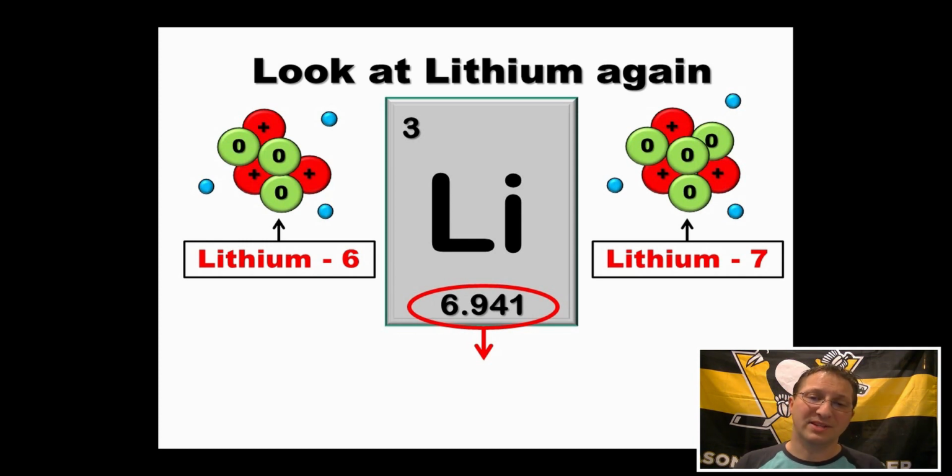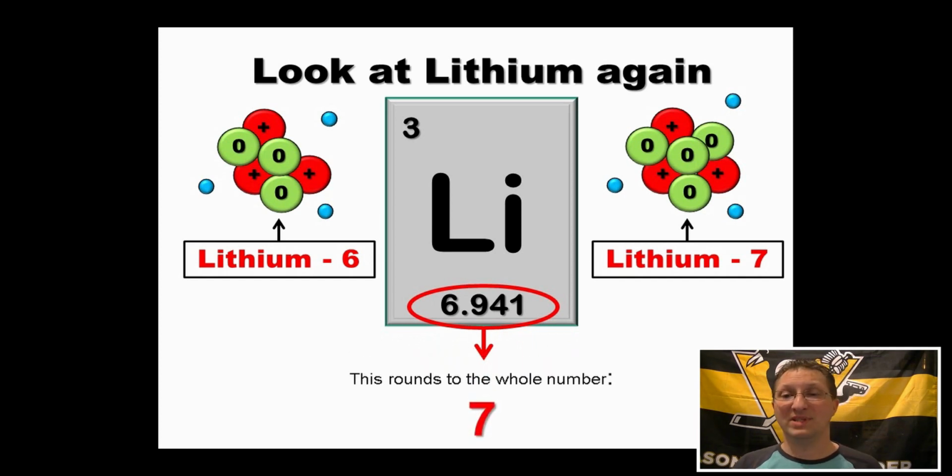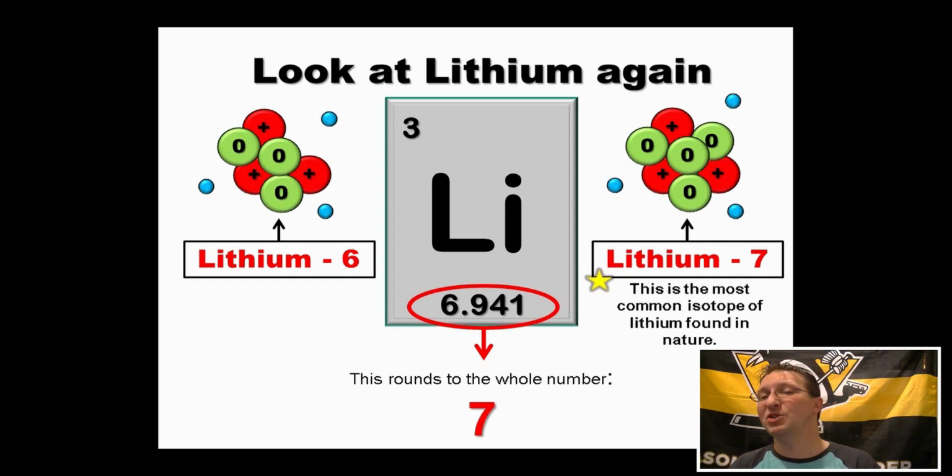So 6.9 needs to round up, which means the closest whole number to that average is 7. What does that tell us? That tells us that lithium 7 is the most common isotope of lithium. That's all that tells you. It doesn't tell you how much more common it is, but it tells you that it's not 50-50. There is more lithium 7 in the universe than lithium 6.